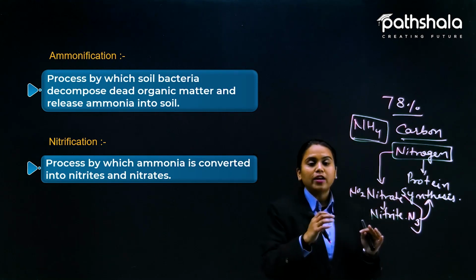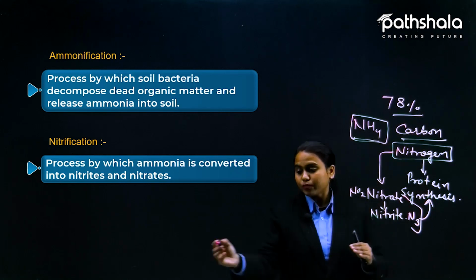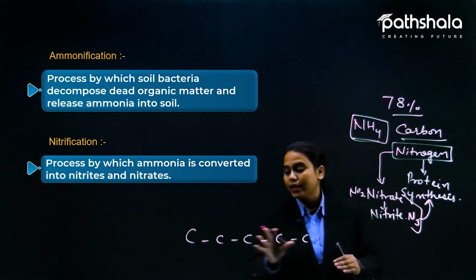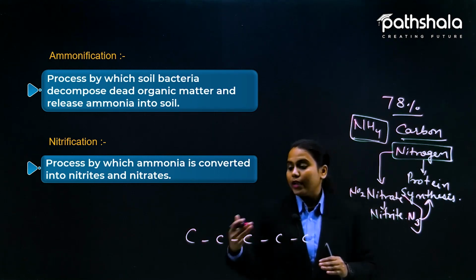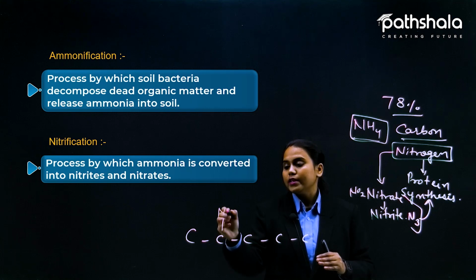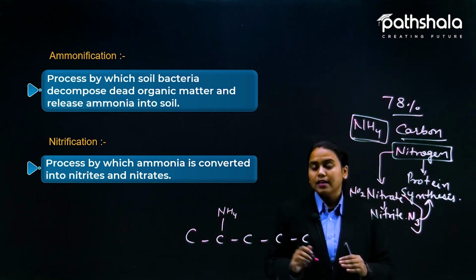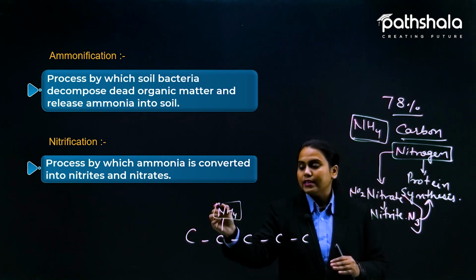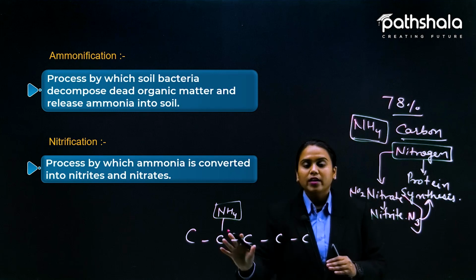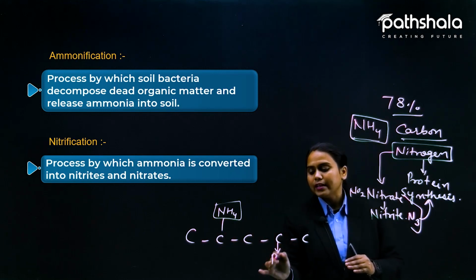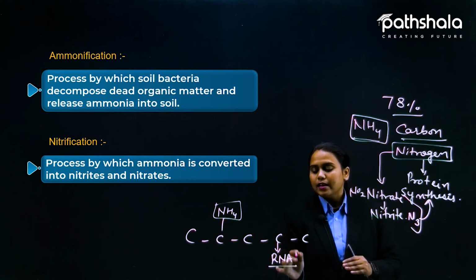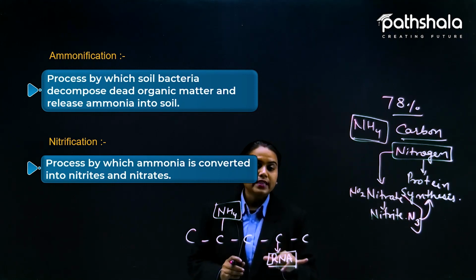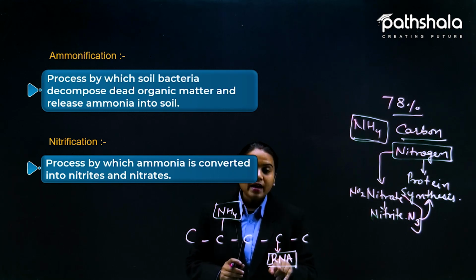Like if the chain of carbon is present, you know that we all are made up of carbon. So here carbon has a capacity to make a whole big chain like this. Okay, so let's suppose here ammonia is present, it is attached here, so this makes a protein chain. Nitrogen is here, or we can say RNA, which is again a form of protein synthesis that is done by RNA.